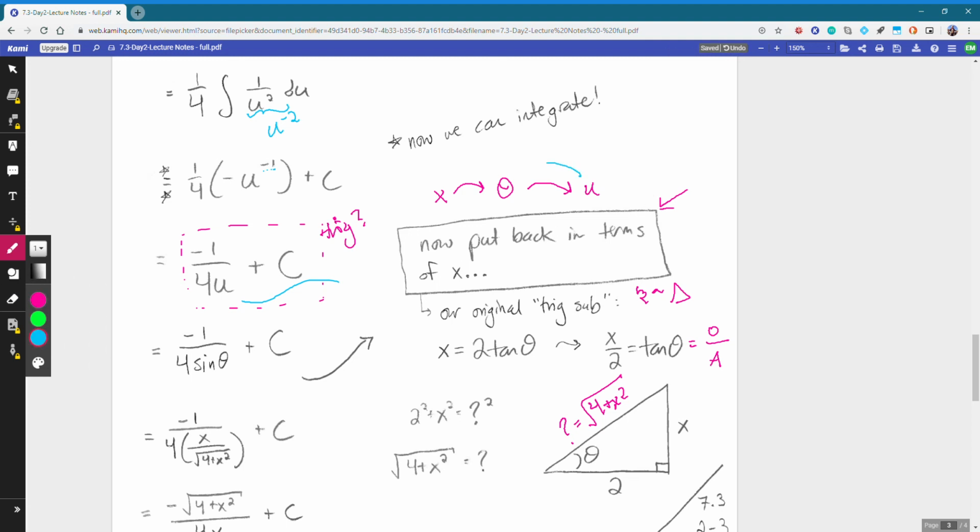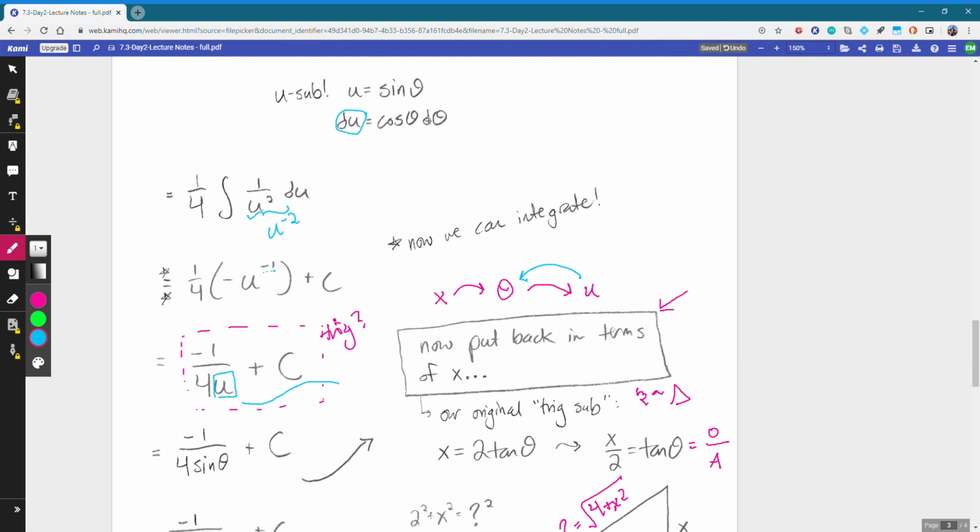So first we'll use our u substitution to replace u with what it is in terms of theta. And that was up here. u was sine theta. And so at this point here, let's swap that out, u for sine theta here.